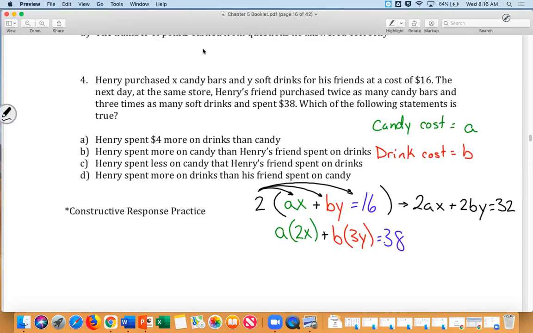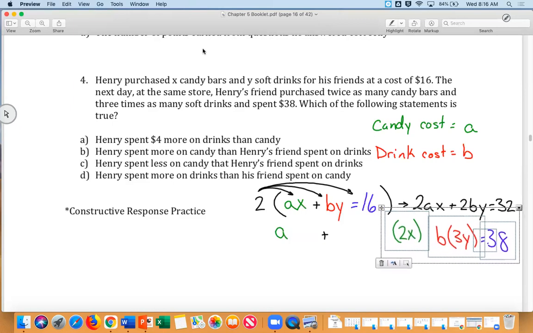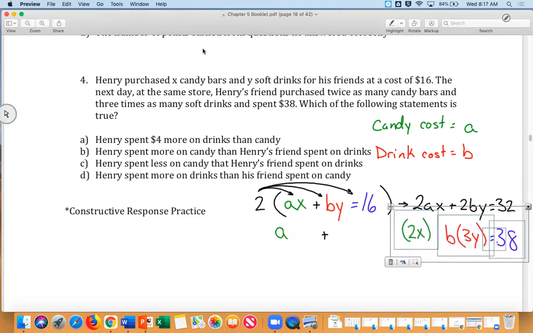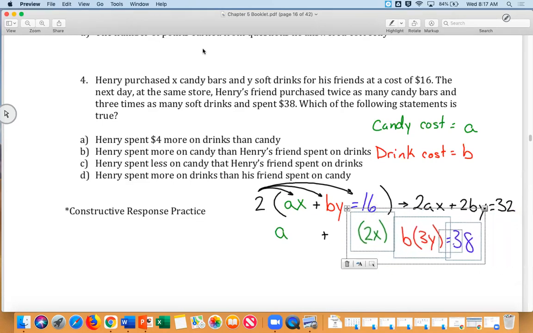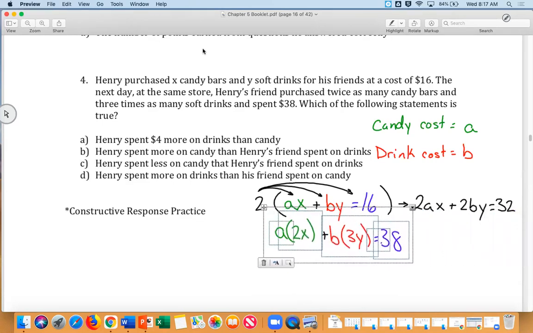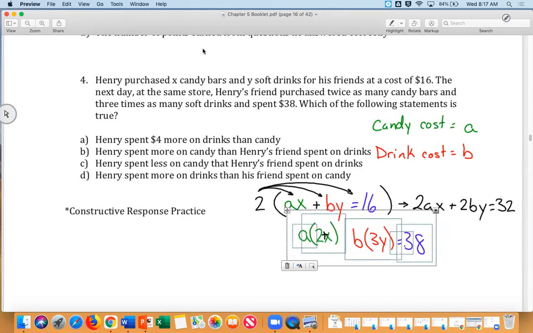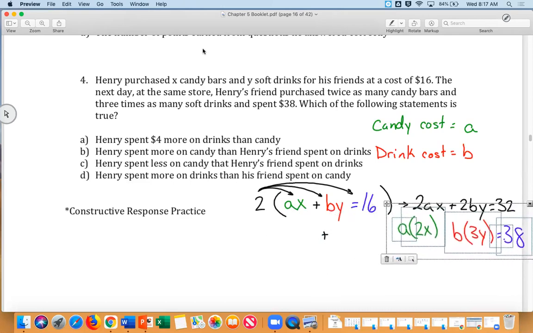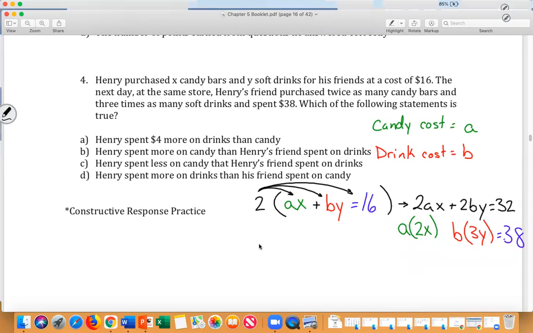Now, in the bottom equation, I have 2ax plus 3by equaling 38.